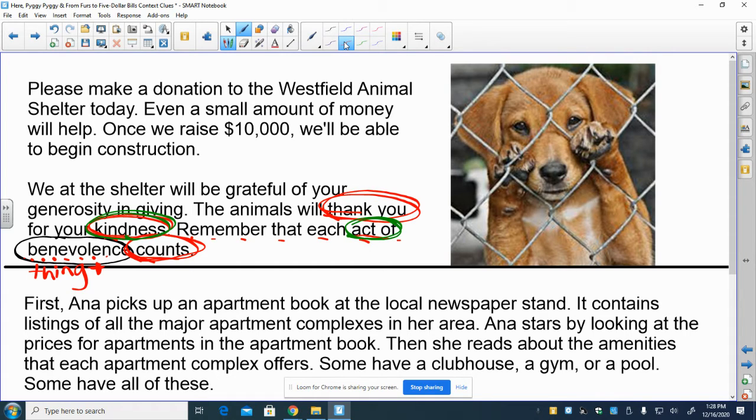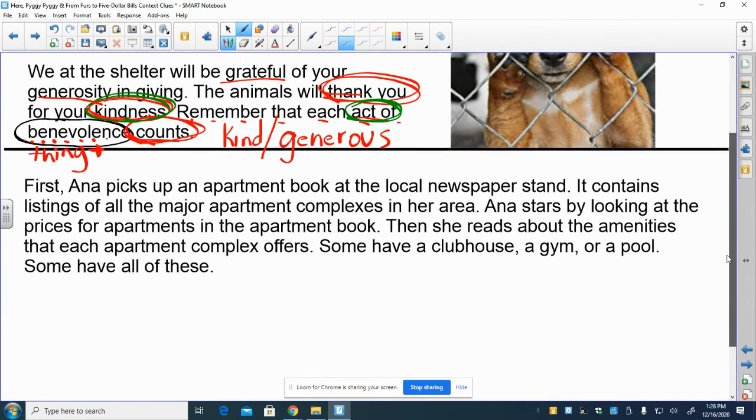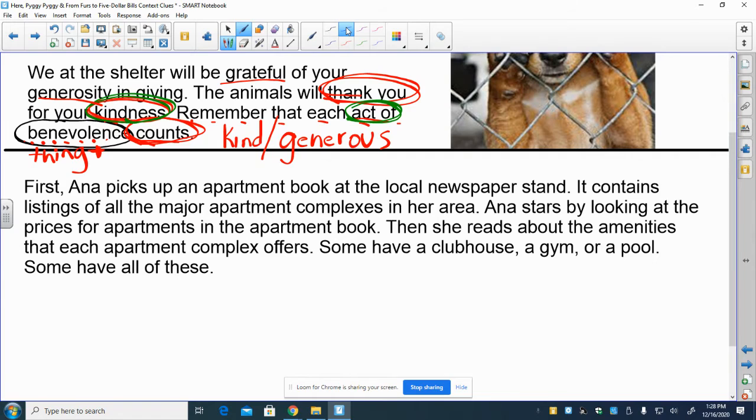And this is talking about raising money for an animal shelter and being grateful and generous. So connecting to my life experience and the stuff in the text, I think that benevolence has something to do with being kind or generous. And if we'll look at this next paragraph, we're going to try it again with a paragraph that is unconnected to the first one.